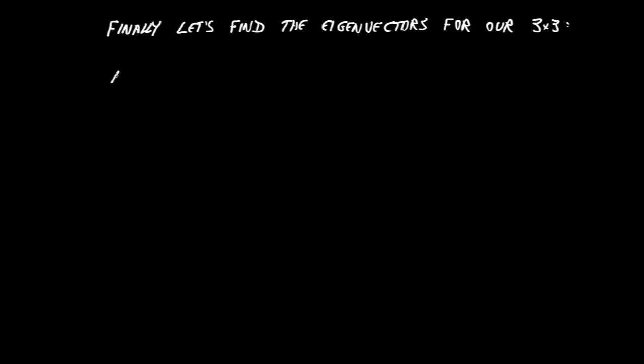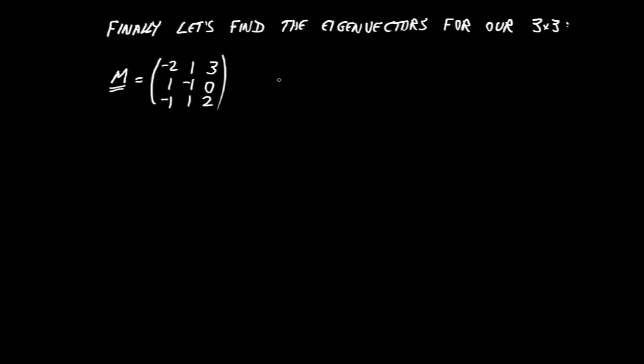Okay, so now let's find the eigenvectors that go with our eigenvalues for our 3 by 3 matrix M, which was (-2, 1, 3), (1, -1, 0), (-1, 1, 2).